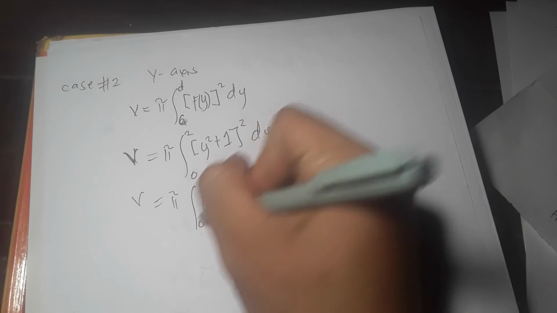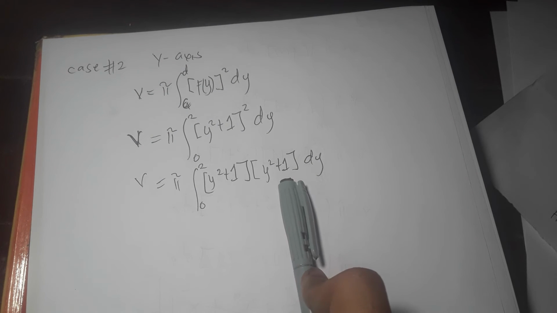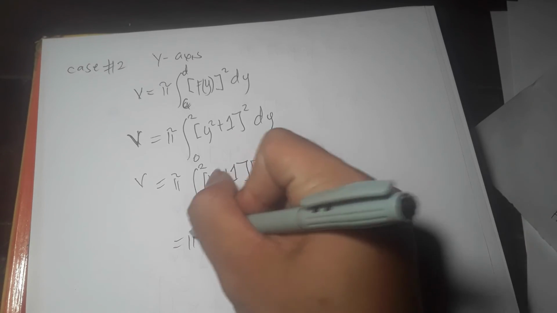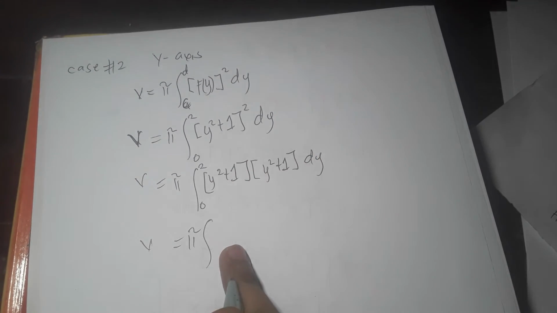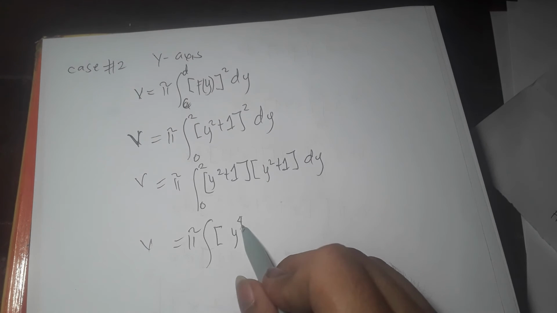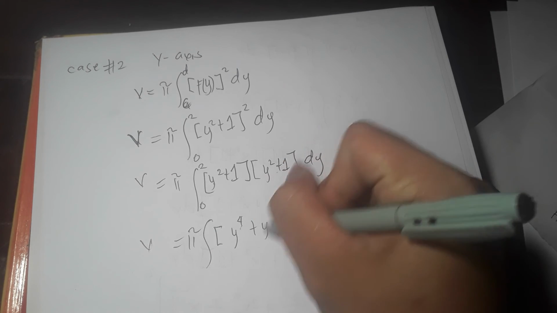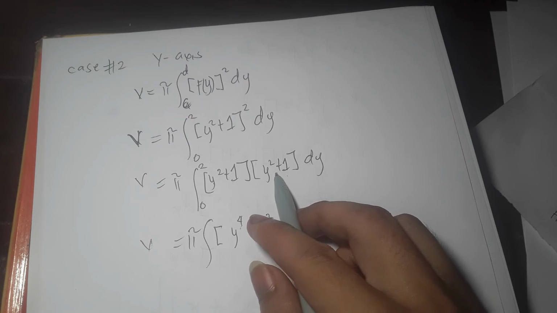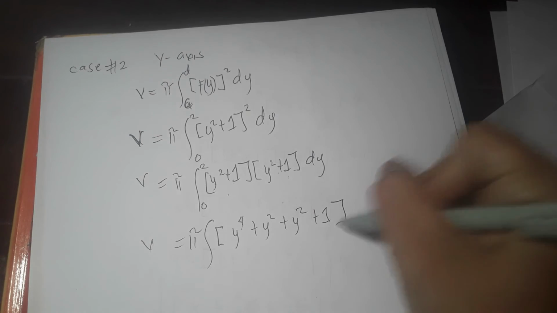We have here the 0 and 2. For now, y squared plus y plus 1, and then times y squared plus 1 is equal to, so let V equal pi times the integral of y to the fourth, because y squared times y squared is y to the fourth. y squared times 1 is equal to y squared. 1 times y squared is equal to y squared. 1 times 1 is 1.